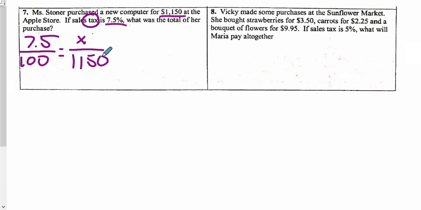Okay. First, we're going to cross multiply. So when we cross multiply, we get 8,625. We're going to divide that by 100, so that's $86.25. And then we're going to add that to our price.